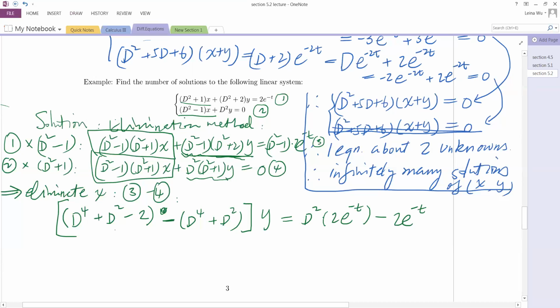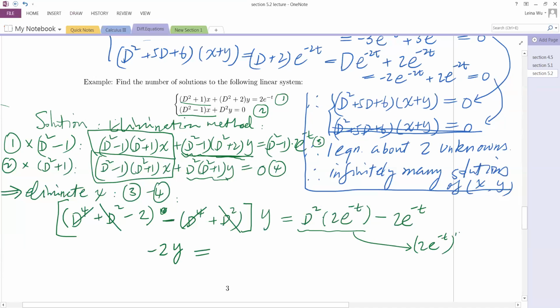Now, on the left-hand side, we see that d to the fourth could be canceled out with d to the fourth. D squared could be canceled out with d squared, leaving only negative 2y equals d squared of 2e to the negative t. What is this part, guys? It's just 0. Is that 0? Because when you take the double derivative, you get 2 negative signs.